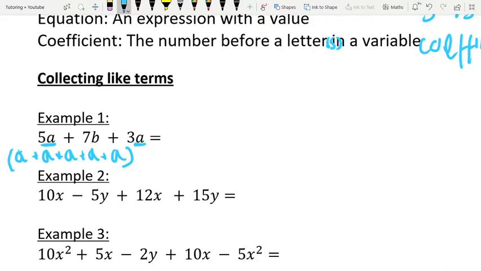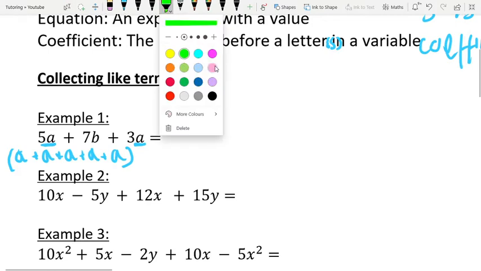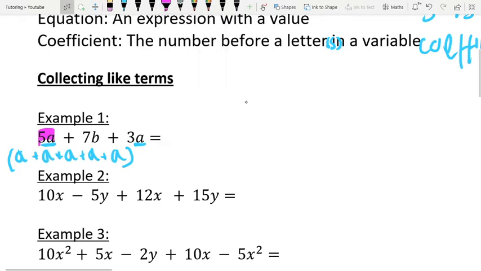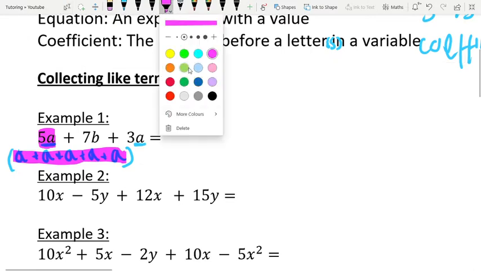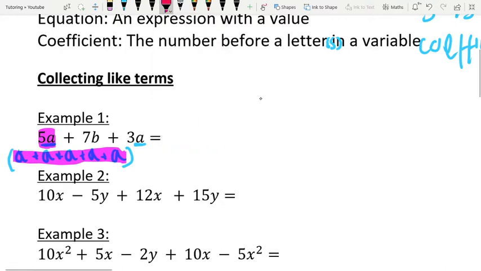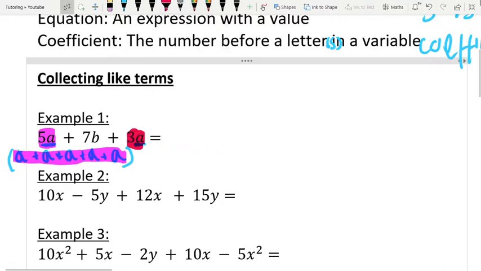And what I'm going to do, just to make this pop out a bit more, so we've got in purple there, your 5 a's, and then let's do a different colour, and then in 3 a's here we've got a redder colour, and we can write the 3 a's next to it like this.